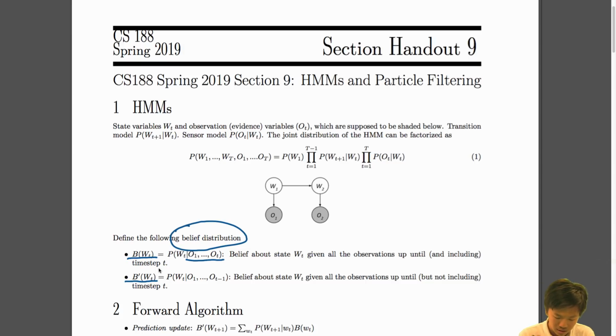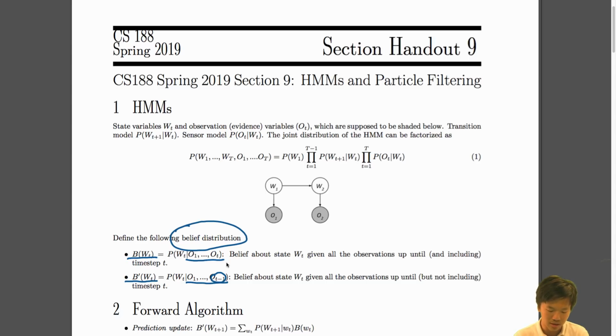The other distribution is B prime of W_t. This is the probability table for the hidden state at time t, given all the observations from the start all the way to time step t minus 1. This is fairly important because this belief, B prime, is more of a guess than a regular B(W_t), because it's not conditioned on the current observation.